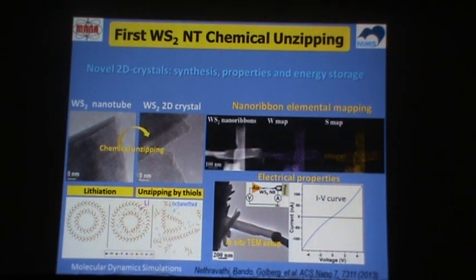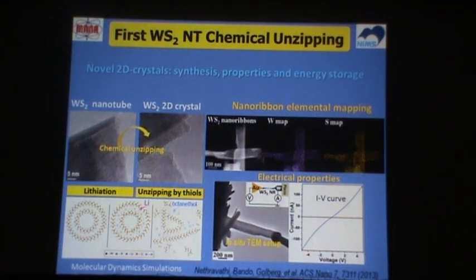We also recently did some experiments on making tungsten disulfide atomic layers. In this case, again with the help of Pavel and Dmitry, we calculated the process in theory by using molecular dynamics simulations.